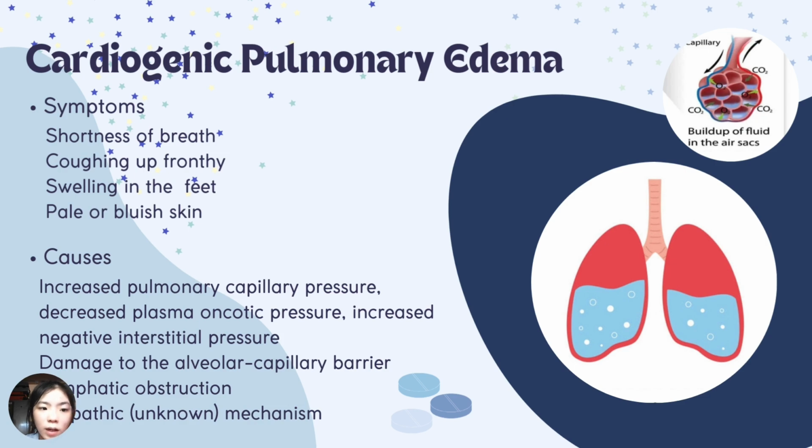The causes of pulmonary edema involve increased pulmonary capillary pressure, decreased plasma oncotic pressure, increased negative interstitial pressure, damage to the alveolar capillary barrier, lymphatic obstruction, and also idiopathic causes, which means an unknown mechanism.